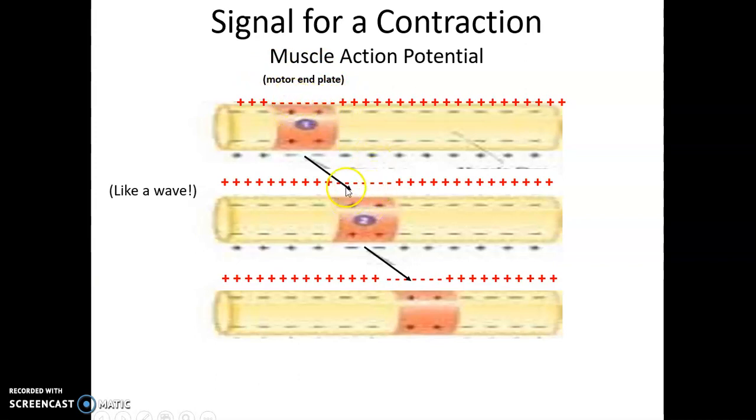This causes voltage-gated channels in the neighboring region to open their channels, allowing ions to flood in, changing the charge, which then allows the next set of neighboring voltage-gated channels to open up, allowing ions to flood in and changing the charge, and so on down the length of the muscle fiber.